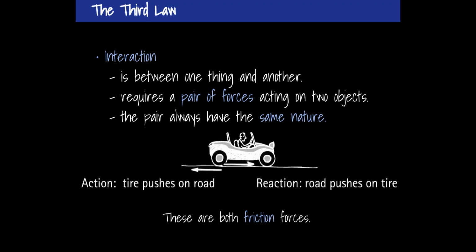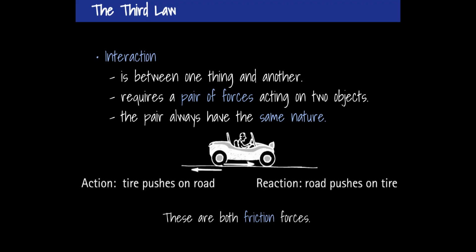And you have to have a pair of forces in the third law, one object acting on the other. Now, these two forces are equal in magnitude and opposite in direction. So that might put an idea in your head that they add to zero.